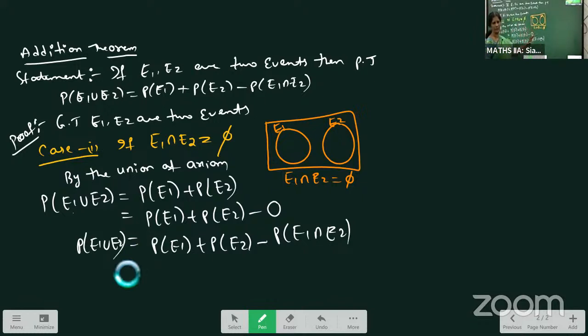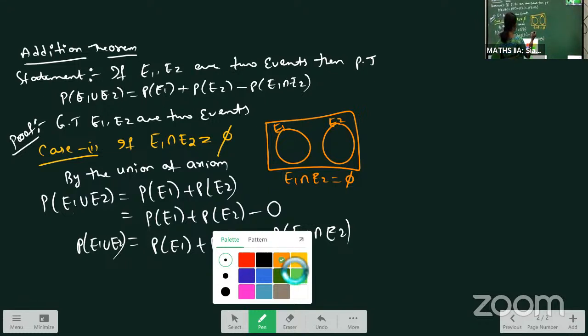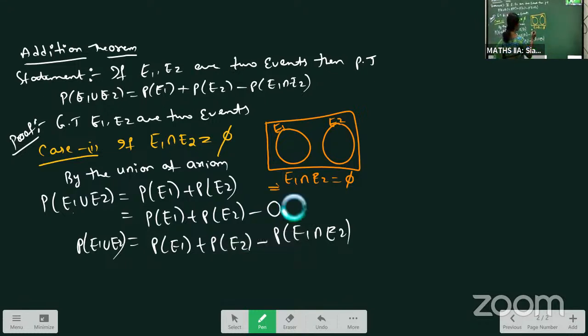Case 1 is simple. What we have taken? There is nothing common between E1 and E2. It means E1 intersection E2 is equal to null set. Here, if you want, you can add one more: E1 intersection E2 is equal to null set implies P of E1 intersection E2, the probability of E1 intersection E2, is equal to the probability of null set, always 0.